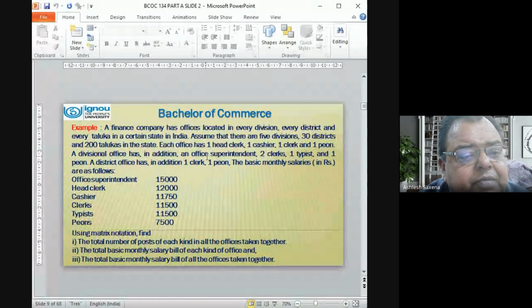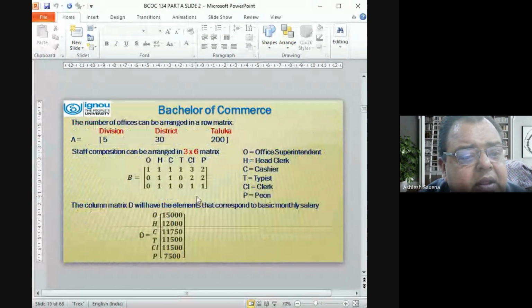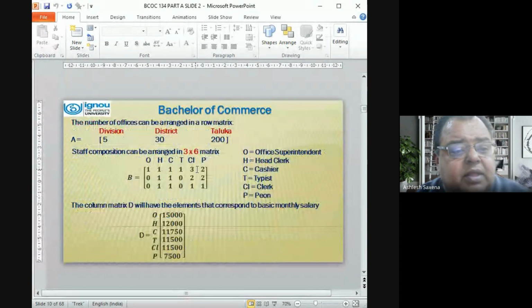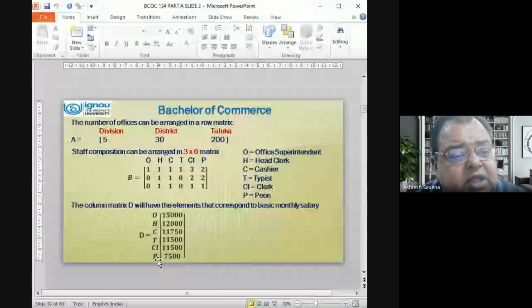Office superintendent, typist, and PM. Okay. So this is the conversion. This is for the division, this is for the district, and the last one is for the taluka. Okay. The third matrix will be of their wages: office superintendent, head clerk, cashier, typist, clerk, and PM.